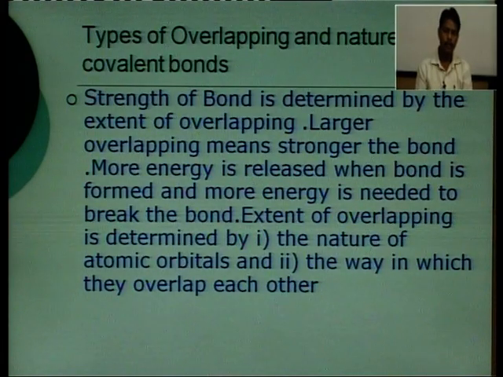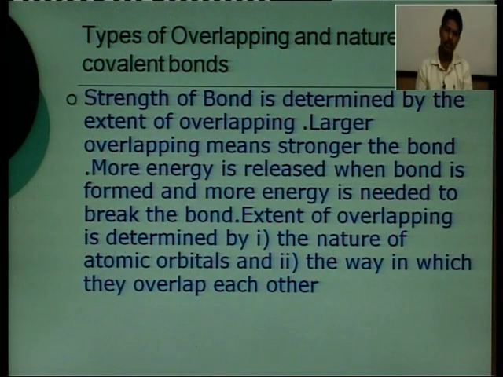Types of overlapping and the nature of covalent bonds. The strength of a bond is determined by the extent of overlapping. Larger overlapping means a stronger bond; more energy is released when the bond is formed and more energy is needed to break the bond. The extent of overlapping is determined by the nature of the atomic orbitals and the way in which they overlap each other.